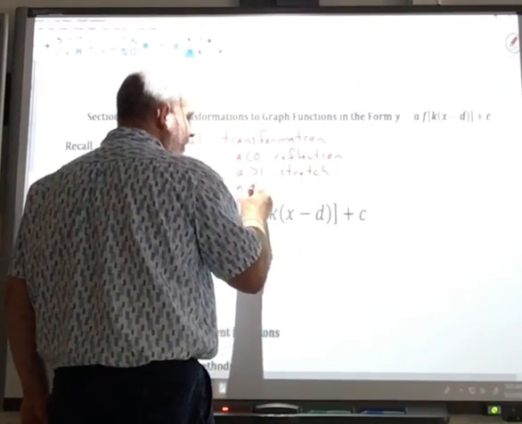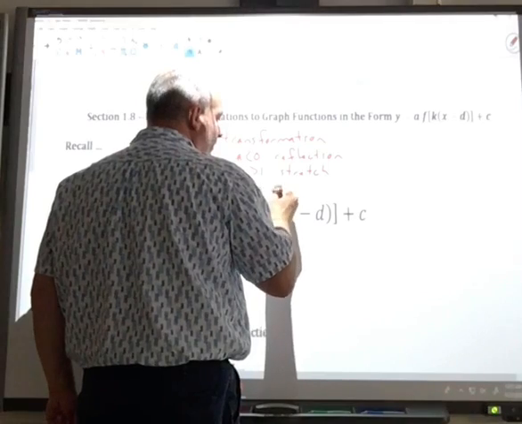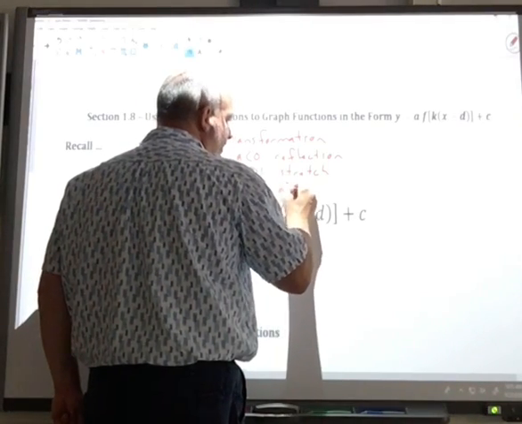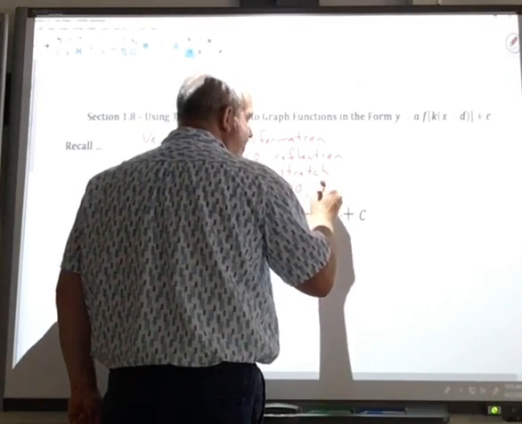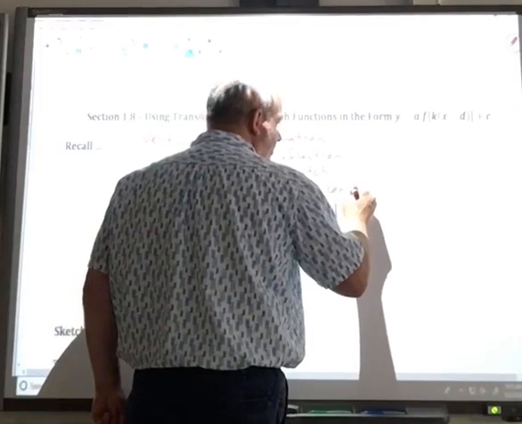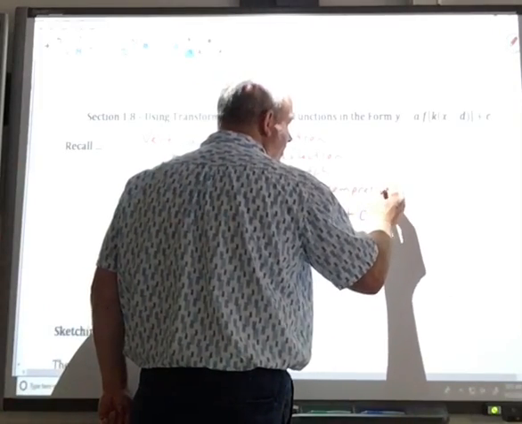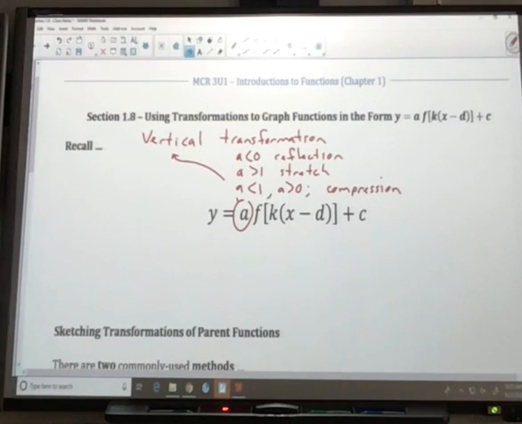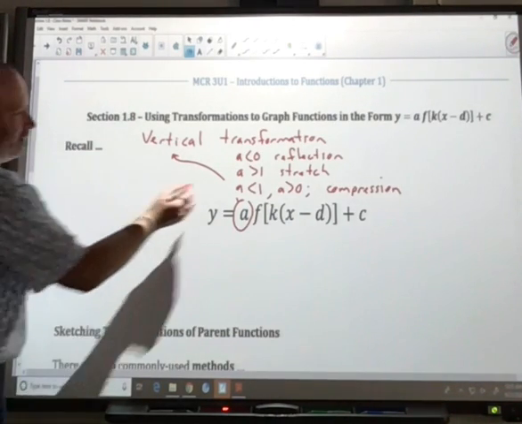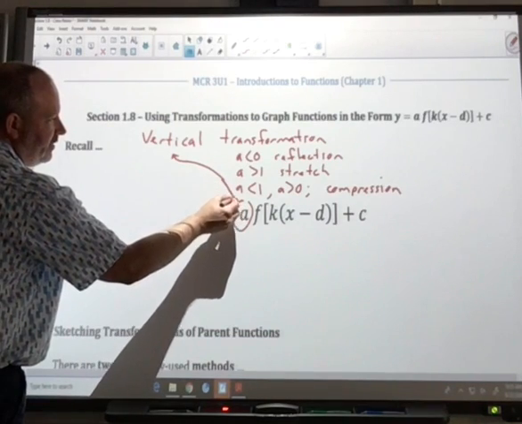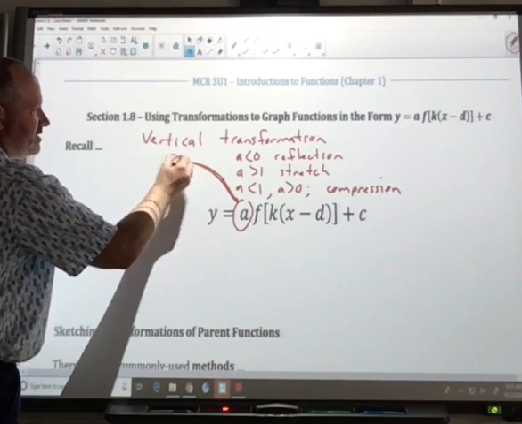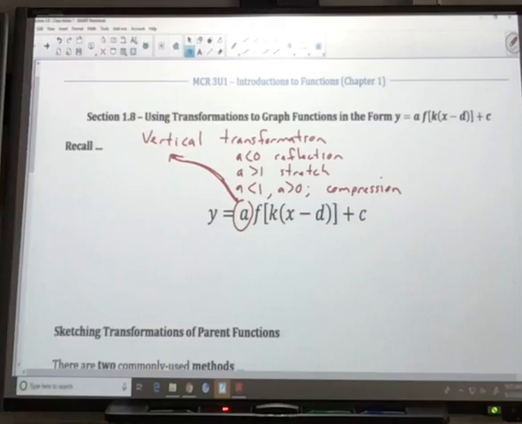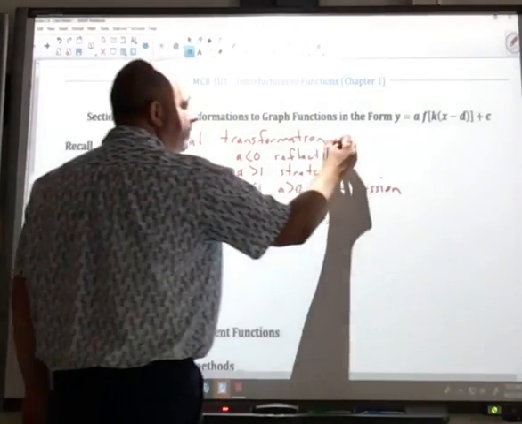And if A is less than 1, but A is greater than 0, then it's going to be a compression. And both with A and K, there's a lot going on there, so we have to be a little bit careful about the value. But basically what it does is it multiplies all the y values by whatever that A value is. Okay?